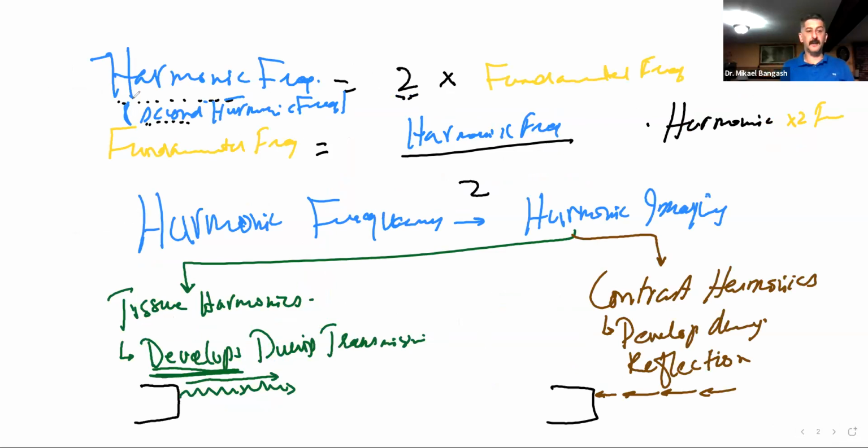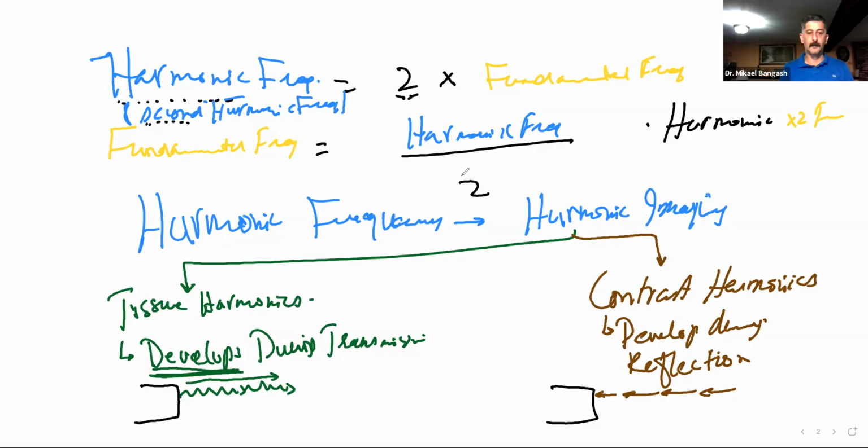So we can put it this way: our harmonic frequency is equal to twice or double the fundamental frequency, which makes the fundamental frequency half of the harmonic frequency. Did you girls get that?